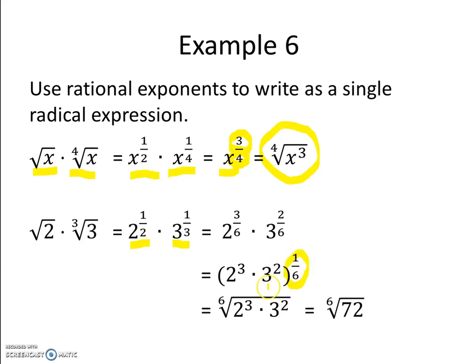And here it is, the 6th root of the stuff inside, which is 2 cubed times 3 squared. We know 2 cubed is 8, and 3 squared is 9, and 8 times 9 is 72. So we end up with a final answer of the 6th root of 72.